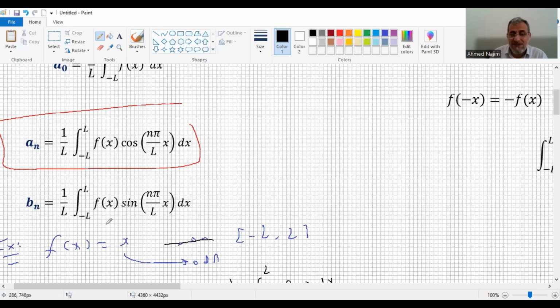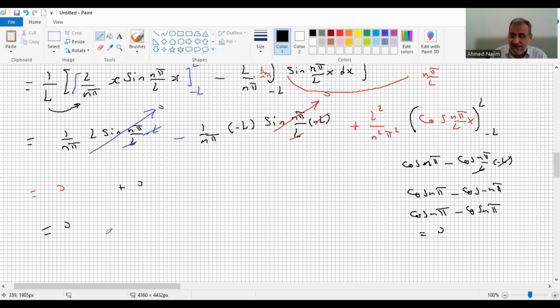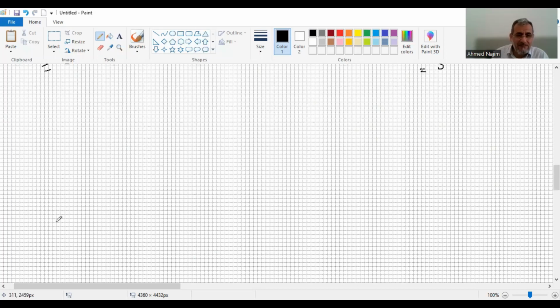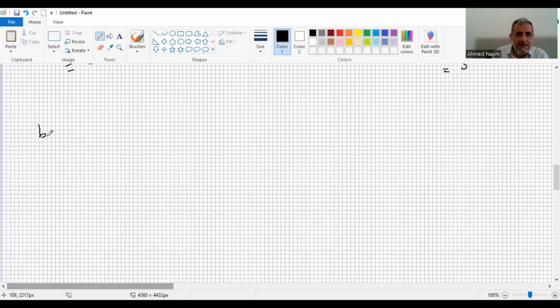So in this integral, see now the integral bn, that I write here. bn equals 1 over L, integral from negative L to L, f of x sine(nπ/L x) dx.